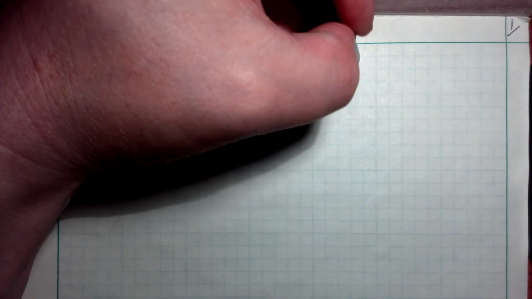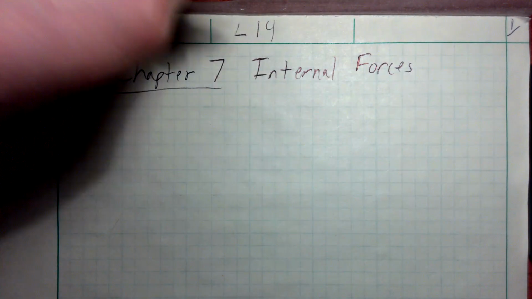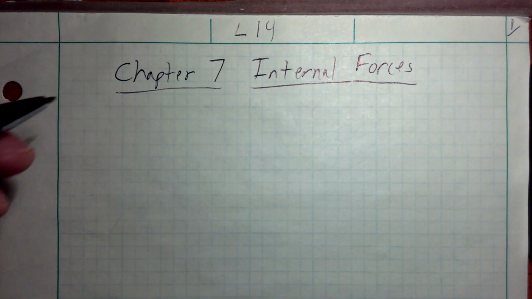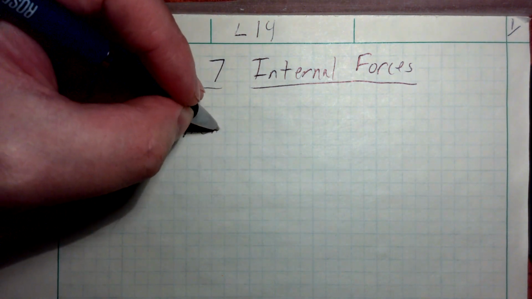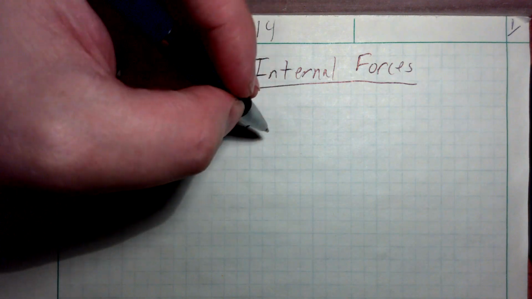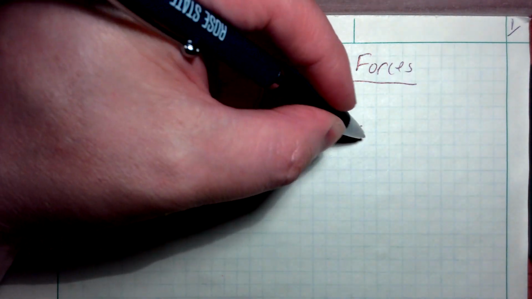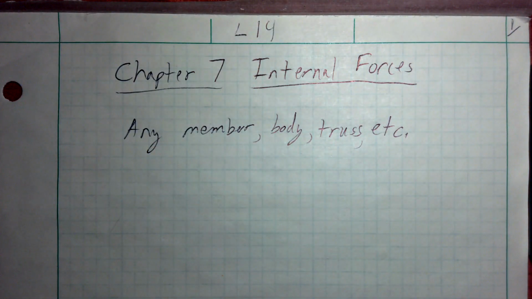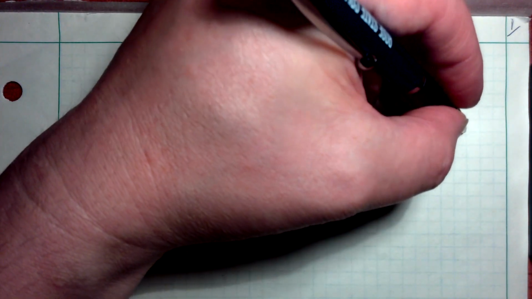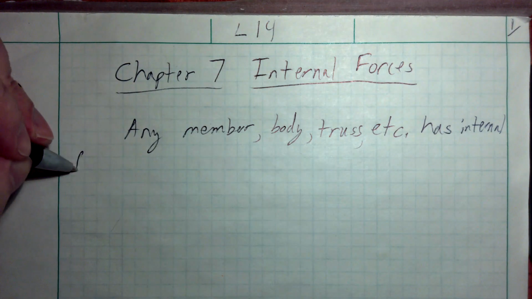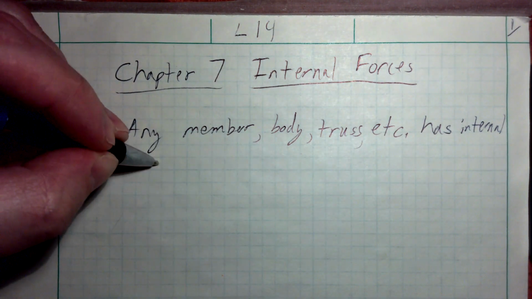Internal forces. We define internal forces. The basic idea here is that any member, body, truss, mutant potato, etc., anything you want to write there, has internal forces and moments.